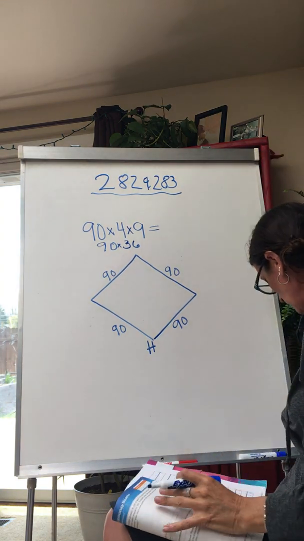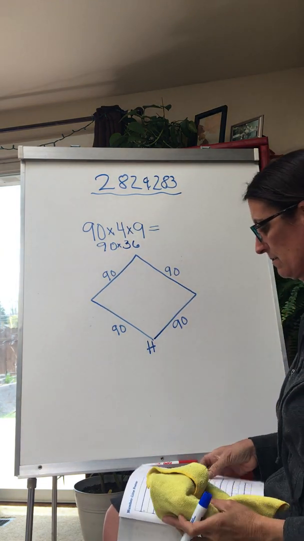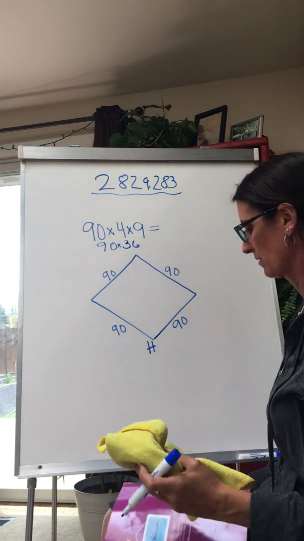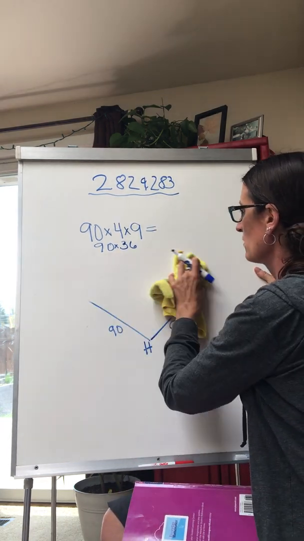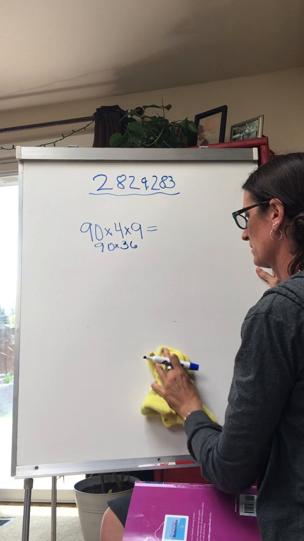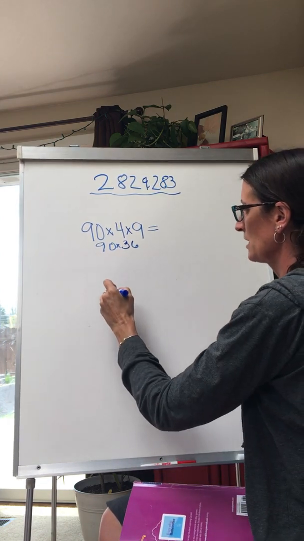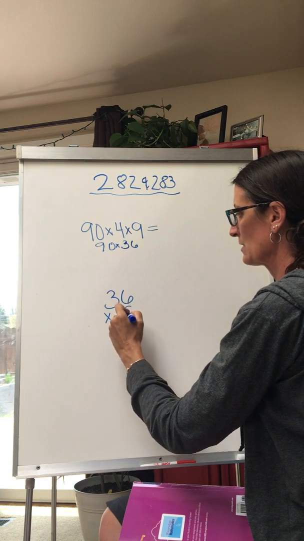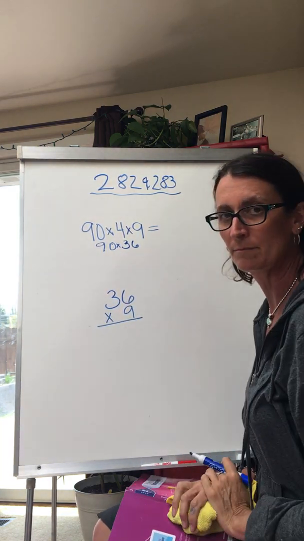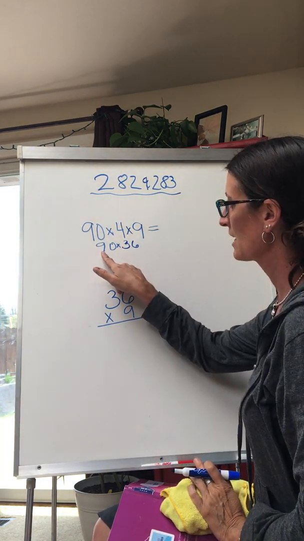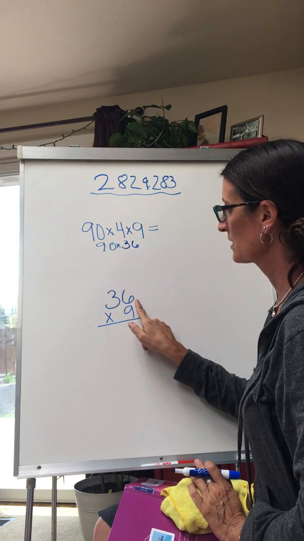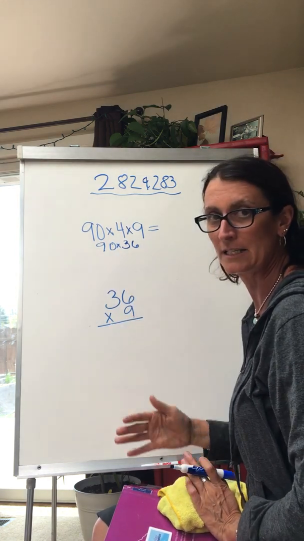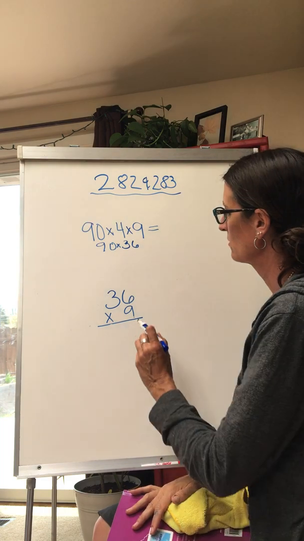Okay? So for 90 times 36, I'm going to do 36 times 9, right? Because I know this is 9 tens. So I could do 36 times 9, and then it would be 9 tens, so I would have another place value.